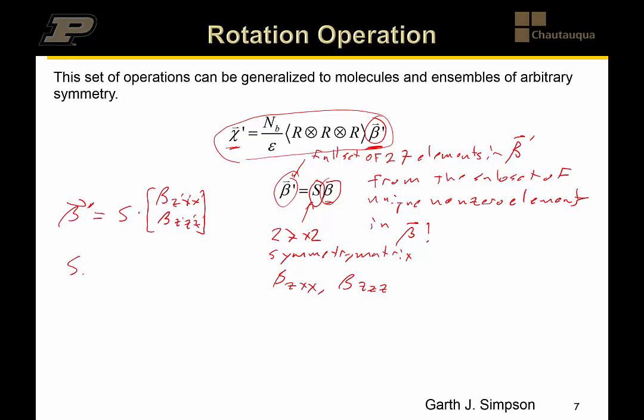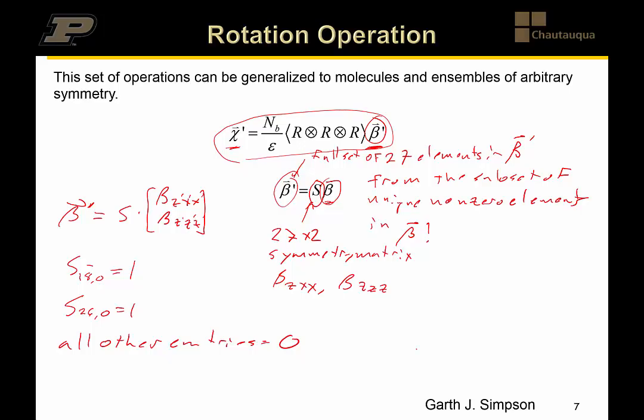Then I know that S, this is the 0 position in beta, that will correspond to S18,0 equals 1. So that will populate the ZXX position in the full set of 27 with the 0 entry in this reduced number of unique non-zero elements. And then S26,1 is also equal to 1, and all other entries are 0. So it's a sparse matrix with 2 non-zero entries, and that can generate the full set of 27 elements in beta.